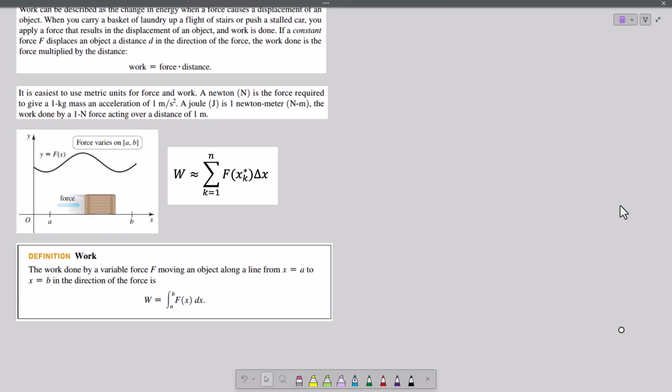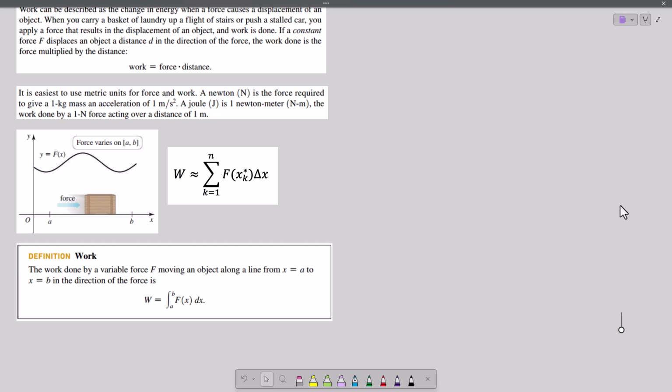But what you can do is the Riemann sum idea and break things down into little pieces where you think about, okay, well, the force on this little displacement is whatever, multiply it. Come over here, the force on this little piece of displacement is whatever, multiply it, and then add them all together. So you can use that concept of slicing and using a Riemann sum, taking a limit and getting a definite integral.